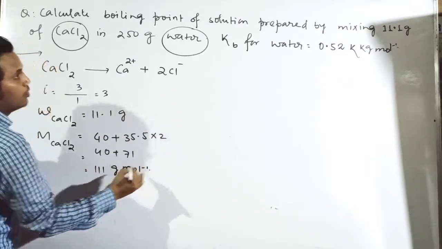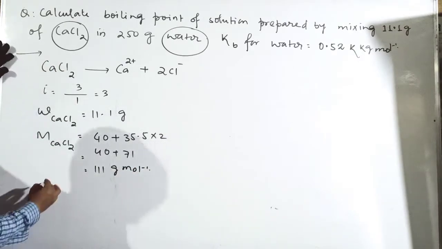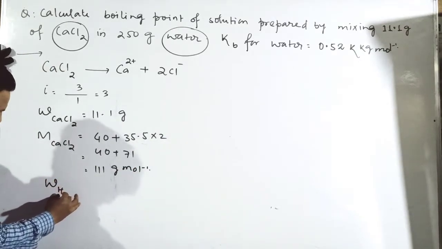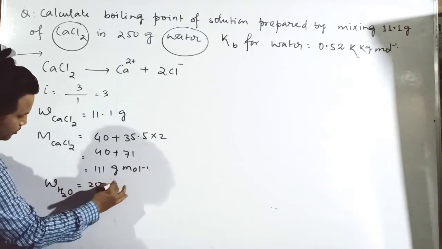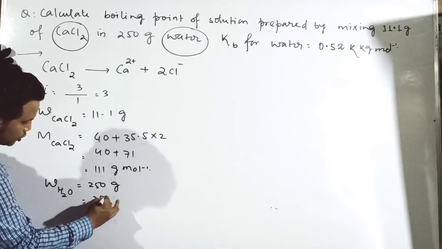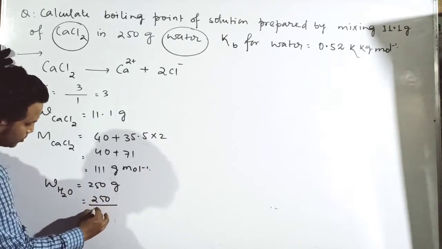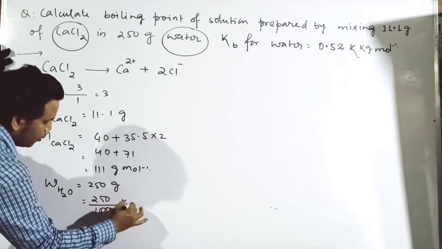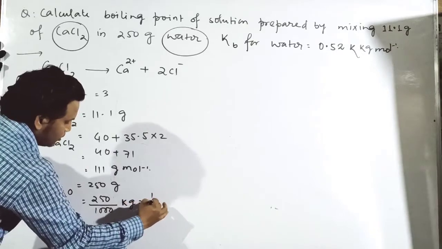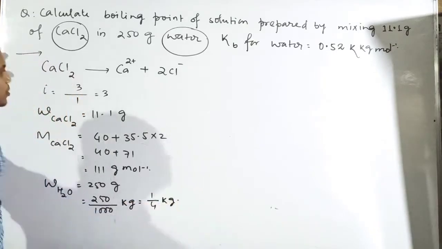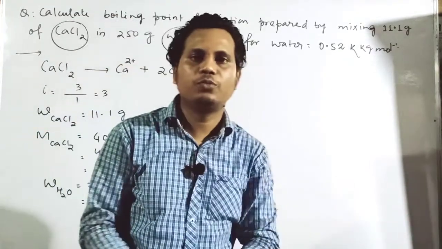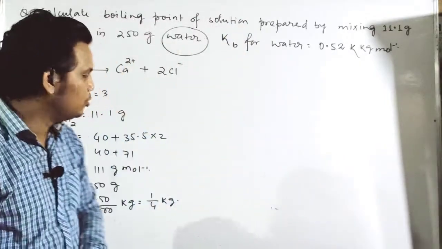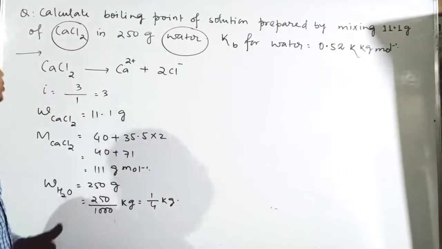Another thing: the given mass of water is 250 gram. Convert it into kg. Why? Because the mass of solvent is taken in kg in the formula of molality. This you know already because you have done elevation in boiling point, and the numericals you have also completed.